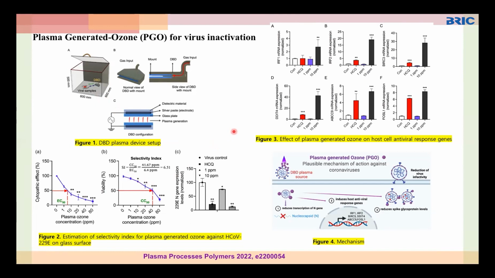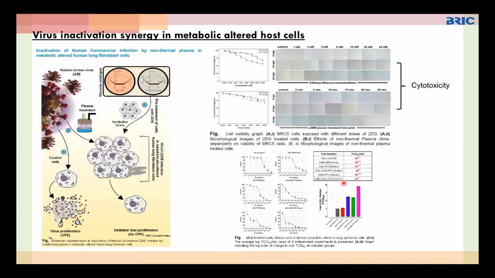So this strategy is also working, and we can use it only for sterilization of virus on surfaces. We cannot use this strategy for the treatment of patients, because nobody will like ozone as a medical or clinical agent. It can have some side effects. So we don't recommend this plasma-generated ozone for the real treatment process.